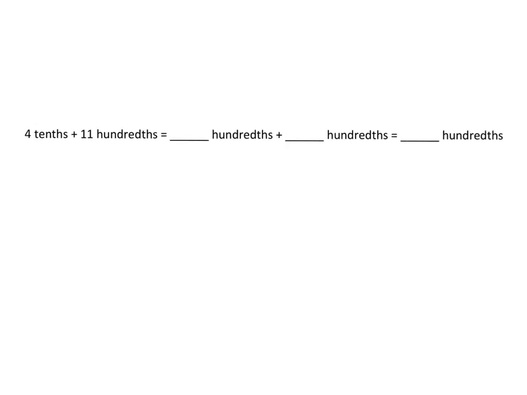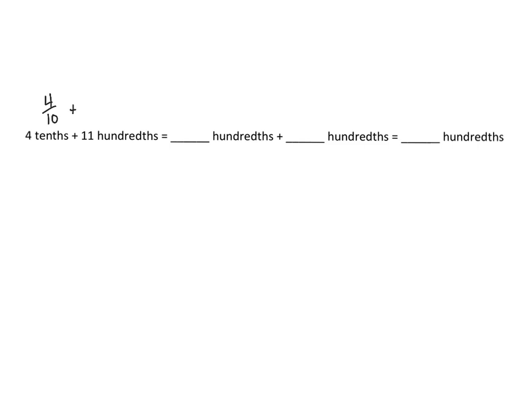All right, our next one, 4/10 plus 11 hundredths, okay? Well, we're looking at this unit form now. 4/10 plus 11 hundredths, and they want us to put it into hundredths. So how many tenths do I have? Well, I have 4/10. Like I told you, you can use a place value chart, but this is the standard way.